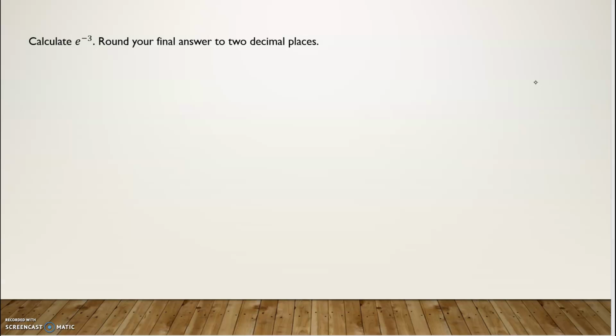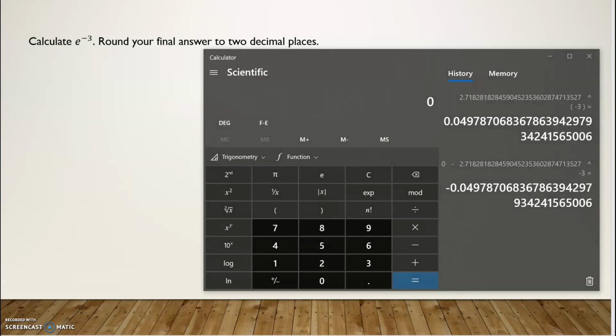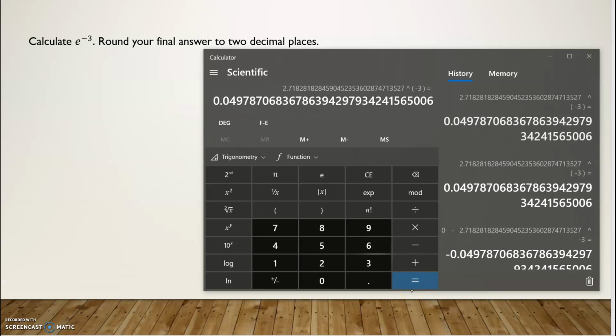Okay, so calculate e raised to negative 3. Round your answer to 2 decimal places. So I'm going to need a calculator for this part. Here it is. So there's e, and then I hit x raised to y. I put open parentheses, 3, make that negative, close out my parentheses, and then I hit enter.